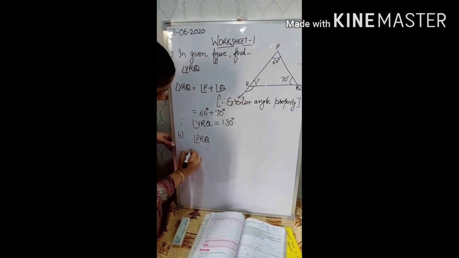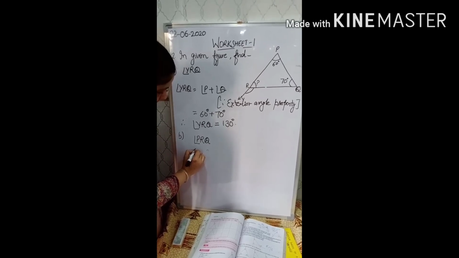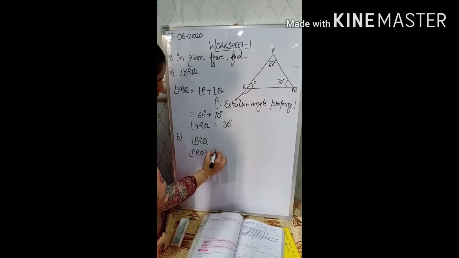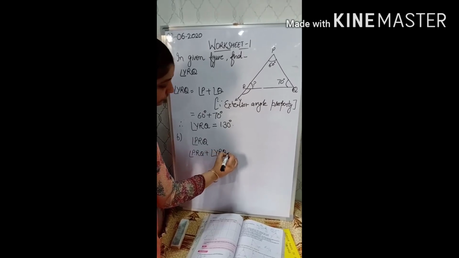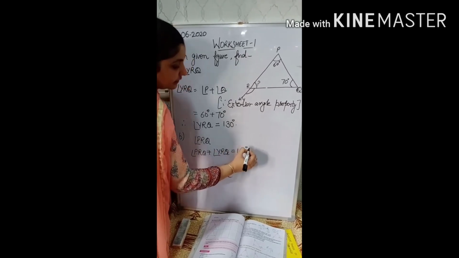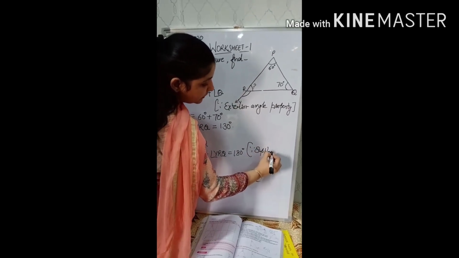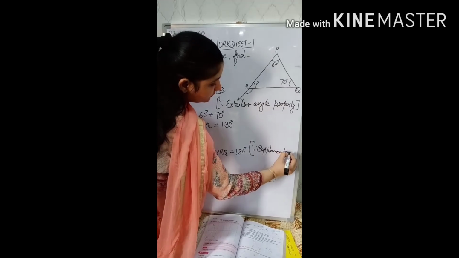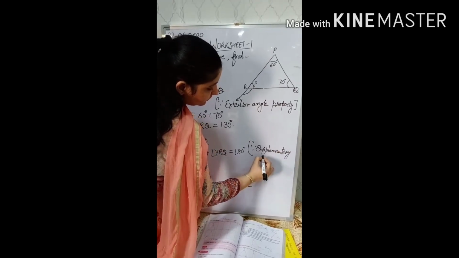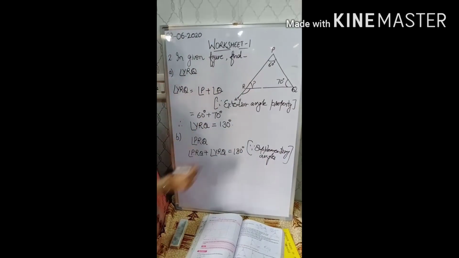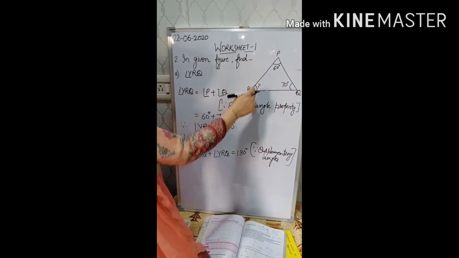So we can say angle PRQ plus angle YRQ is equal to 180 degrees. Why? Because they are supplementary angles. We are making a straight line, as you can see easily in the figure.